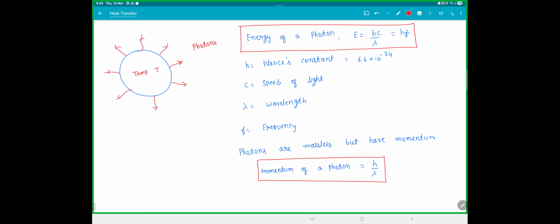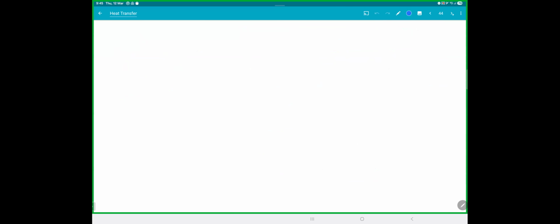And from here, we can figure out something. Intensity is nothing but power by area. Power is energy by time, and area is the area in which the power propagates.